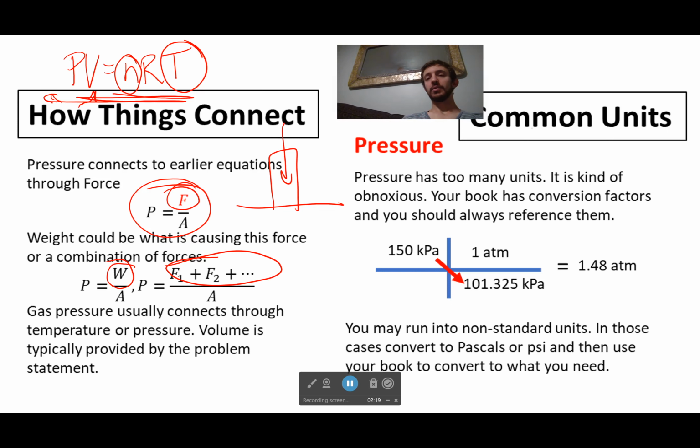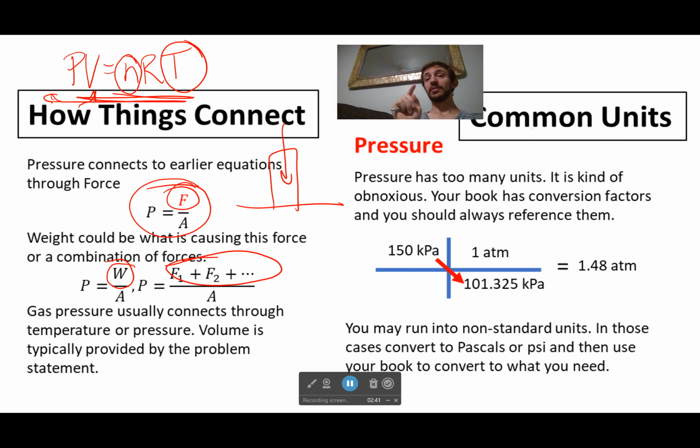Okay, so what about units? Well, pressure has almost just an obnoxious amount of units. It's painful almost. So your book has conversion factors, and you should always reference them. Just don't try to memorize all these. The one that might be good to remember is that there's 101.325 kilopascals.